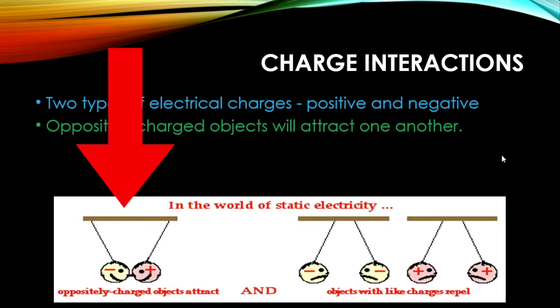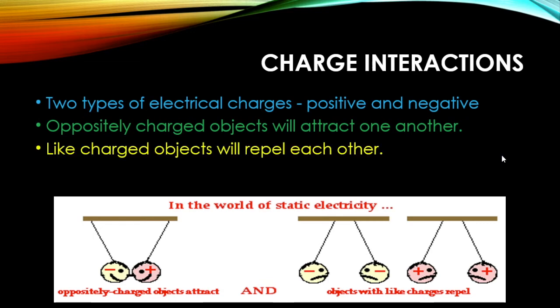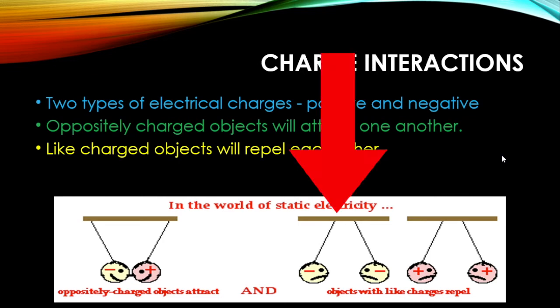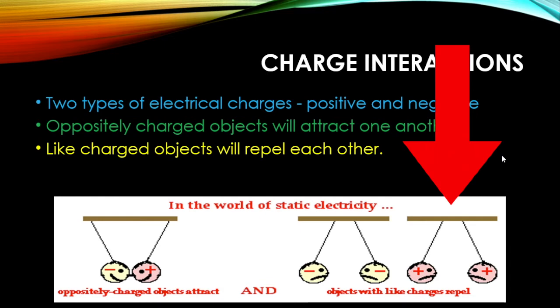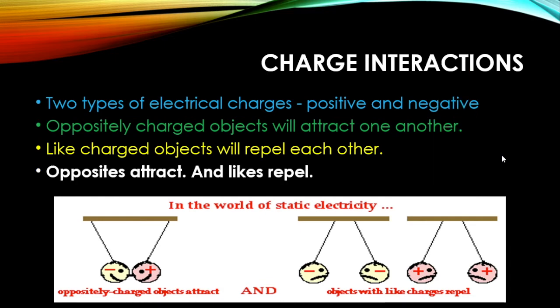That just means that oppositely charged objects will attract one another. The opposite is like charges. We see that in the bottom right, how we have two negatives and two positives, and how they're pushed apart and spread out, meaning that like charges will repel each other. So just to summarize it, opposites attract and likes repel.